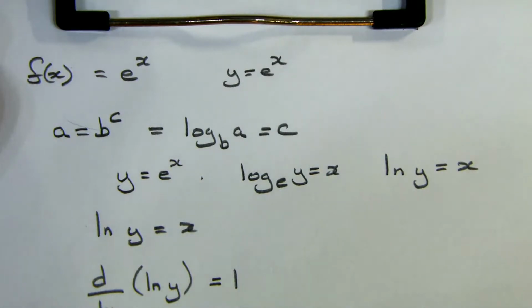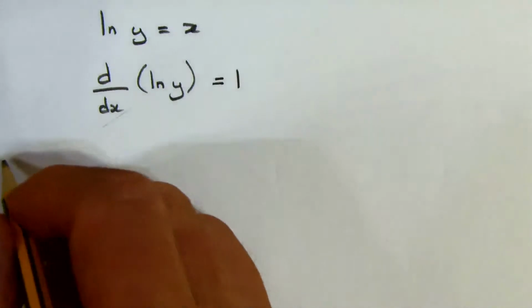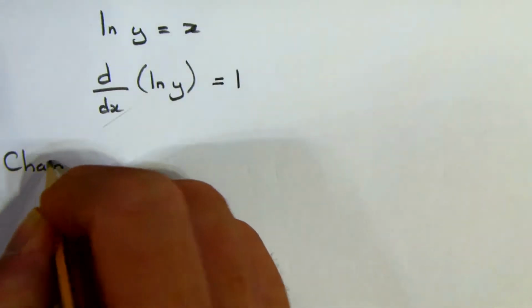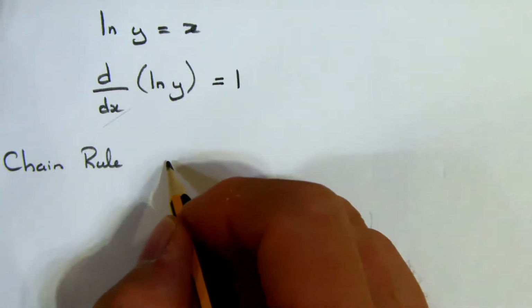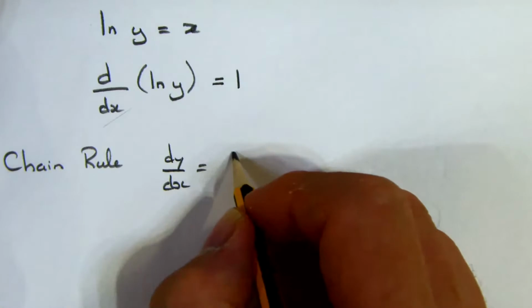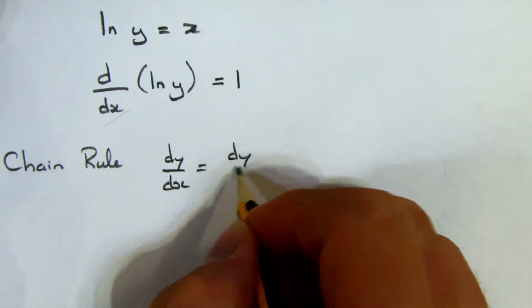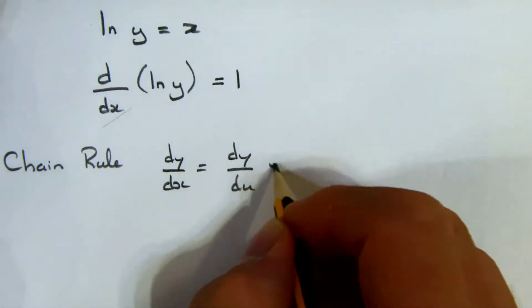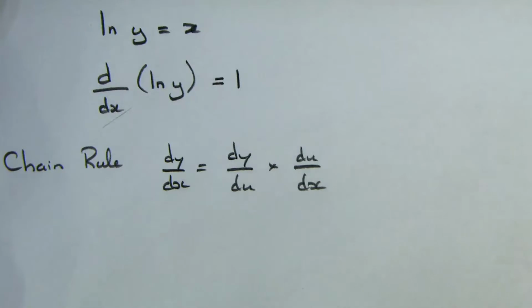Now, what you should know from things like the chain rule is that dy by dx equals simply dy by du times du by dx. There's our familiar chain rule.